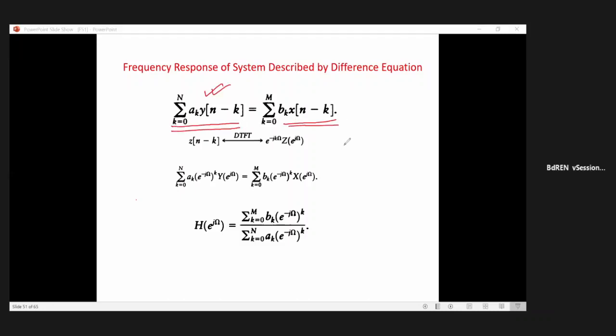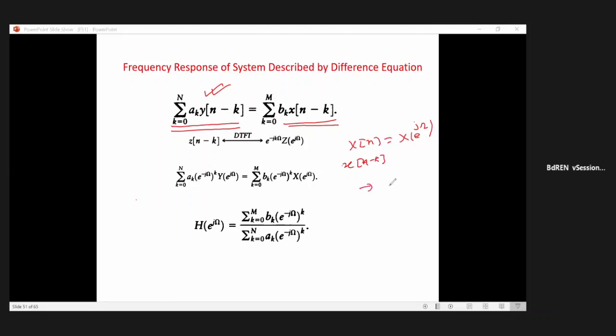Then if we know the Fourier transform of the input x[n] is equal to, say, X(e^jΩ), and we shift x by, for example, k samples, what change will there be?